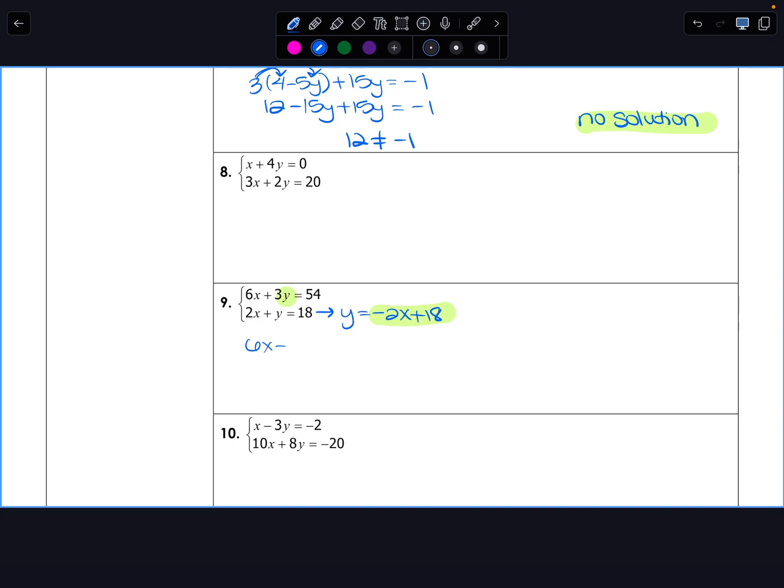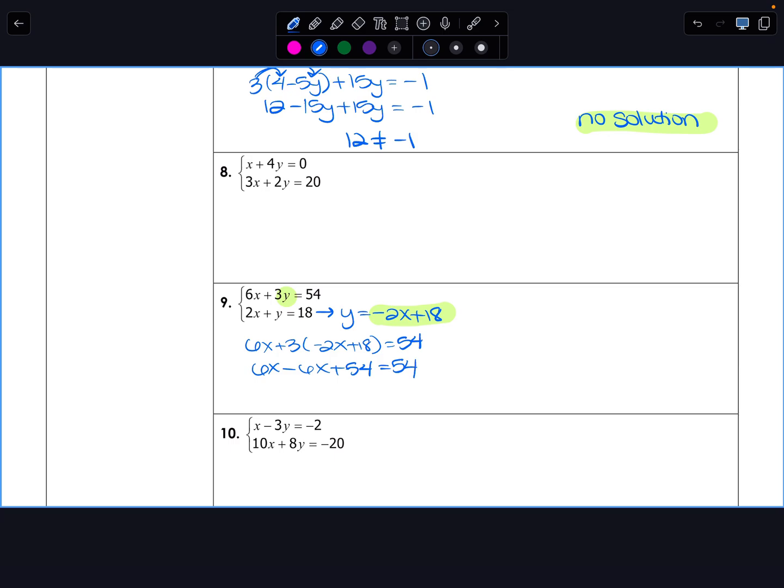So I have 6x plus 3 times negative 2x plus 18 is equal to 54. So I get 6x minus 6x plus 54 is equal to 54.